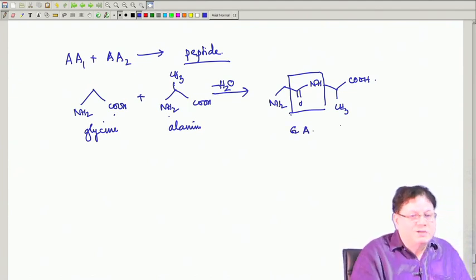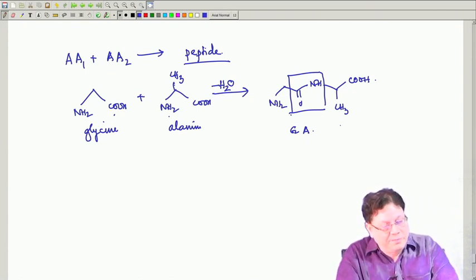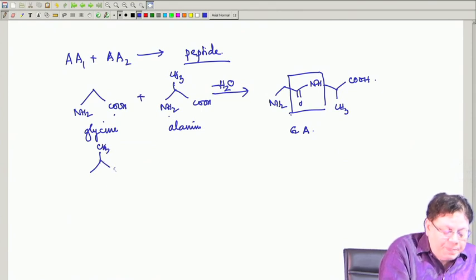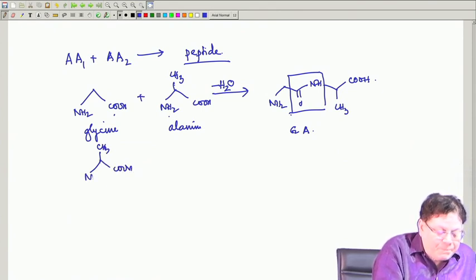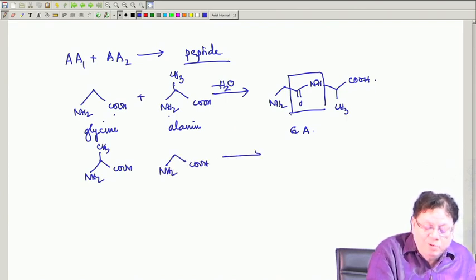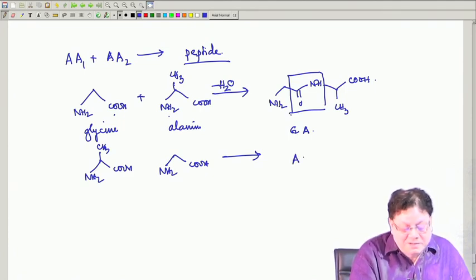Now, we should start writing the symbol GA, glycyl alanine, or it could be that the alanine carboxy reacts with the glycine amine, that could be the other way around. Okay. Then you get what is called alanyl glycine.